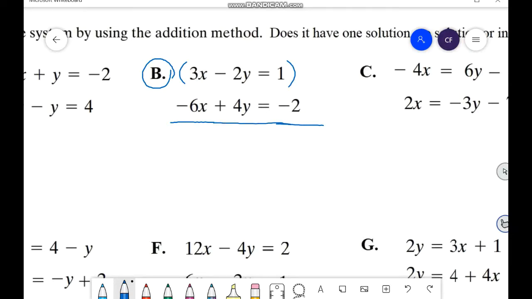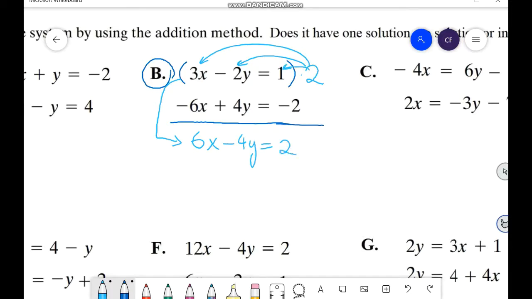What number is going to be this? Definitely the number is going to be 2, right? I have to multiply the whole thing by 2. So 2 times 3x, 6x. 2 times negative 2y, negative 4y, and 2 times 1, 2.